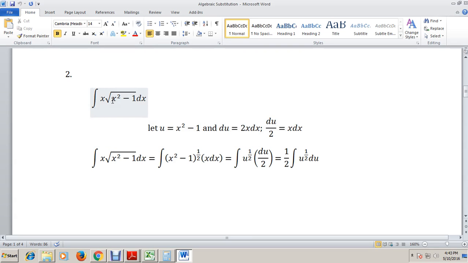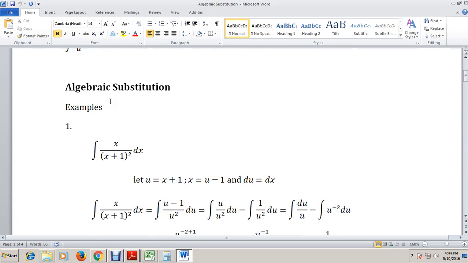Okay, so let me repeat that. The idea for algebraic substitution is that if we're going to let u equal an expression in terms of x, there should be no x's that will not be represented in terms of u. So therefore, it's a total conversion of all the symbols of x in terms of u.